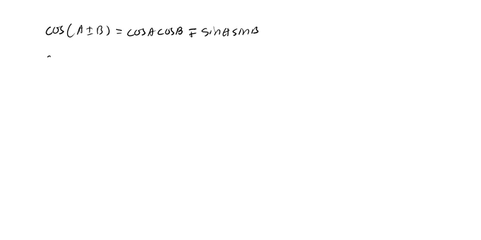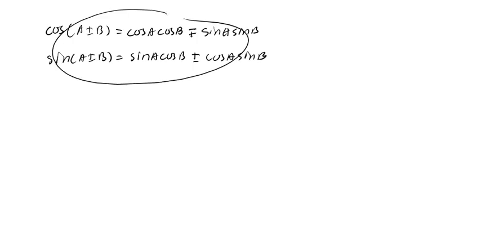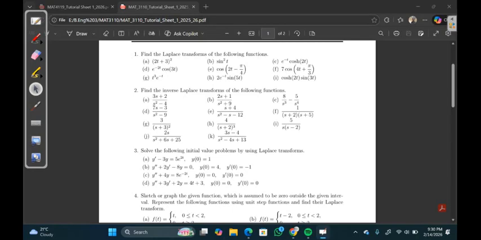Then for sine of a plus or minus b, it will be equal to sine a cos b plus or minus cos a sine b. These are very, very important. We use them a lot, so just have them at your fingertips and they're really going to help you a lot. Okay, so that was to help you with question 1E and 1F.